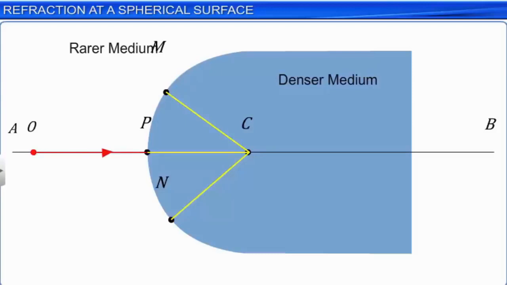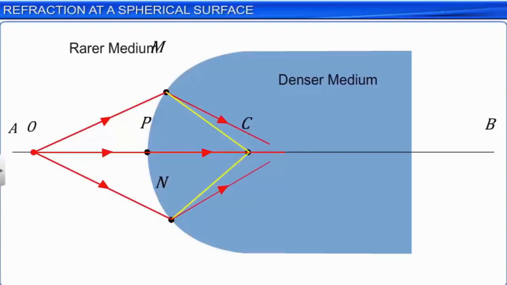Whereas, rays like OM and ON, after refraction, bend towards the normal because they pass from a rarer to a denser medium. All the refracted rays converge to a point on the principal axis and form a point image I.